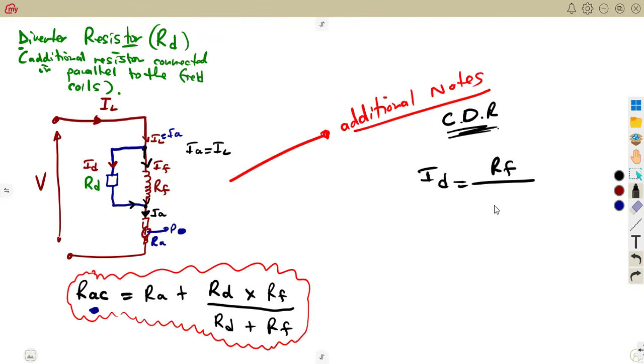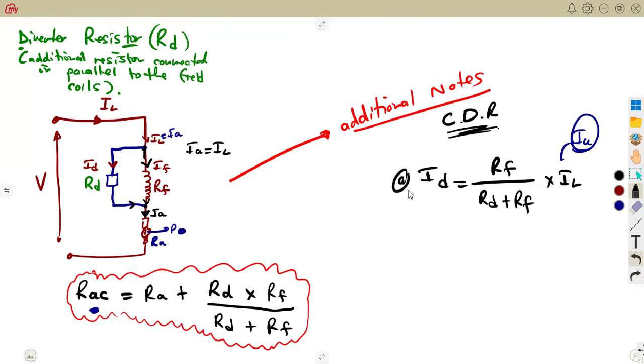These two resistors are sharing that. So it's RD plus RF, the sum, times what? The current which is being shared, which is the load current. Remember, we said armature current in this circuit and the load current are the same. So in other calculations, this can be presented with armature current. We are going to notice those calculations as we move on with our revisions.